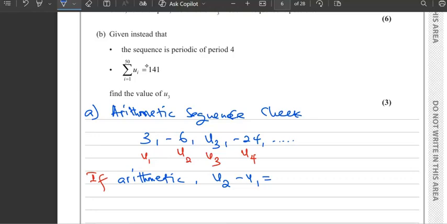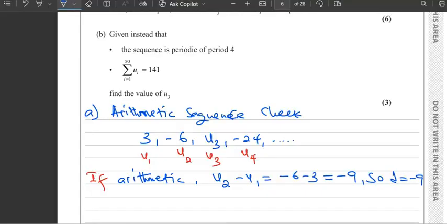If we substitute, u2 is negative 6, u1 is 3, then negative 6 minus 3 equals negative 9. So we can say that d is equal to negative 9.